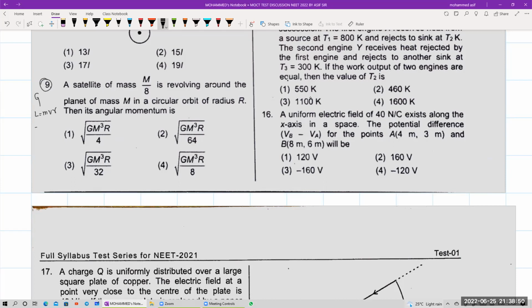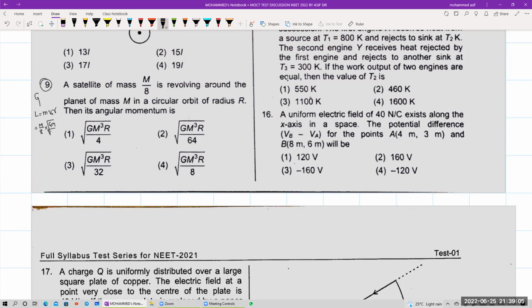मास कितना दे रखा है, m by 8, so it is capital M divided by 8 into the orbital velocity of the satellite. और ये हो गया orbital velocity का formula, under root of g into m divided by r.